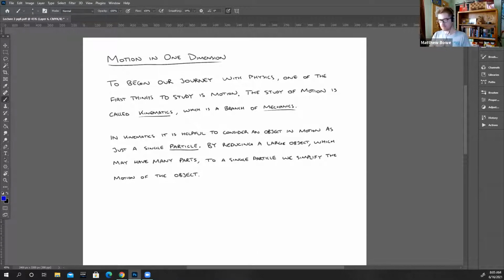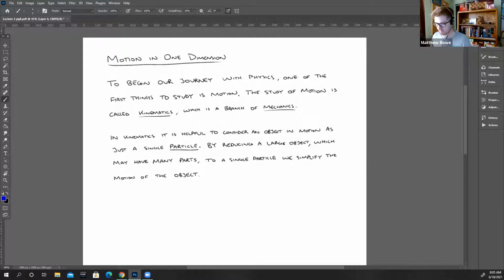In a race from start to finish line, the only important part is the very front, I think it's a horse race, so the nose of the horse. That's the only point that is being measured from the start to the stop. That's how you can think about the motion of a large complex object. Maybe you'll have many individual complex parts. What we can do is just reduce it down to a single point that's moving. That's easy to track.